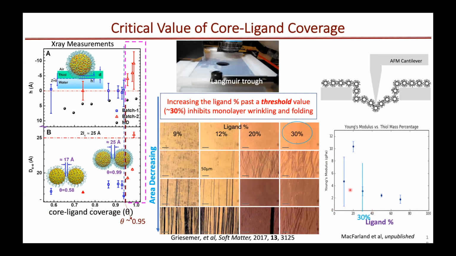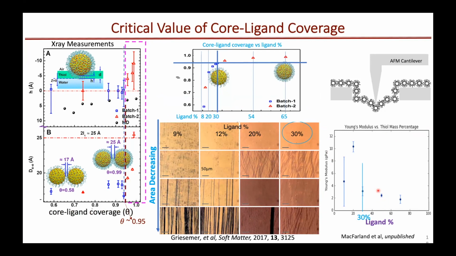But in the other measurement, the nanoparticles become more viscoelastic and the interaction becomes weaker. So this figure shows theta versus ligand concentration, which is 30% actually to 94% of the surface coverage.